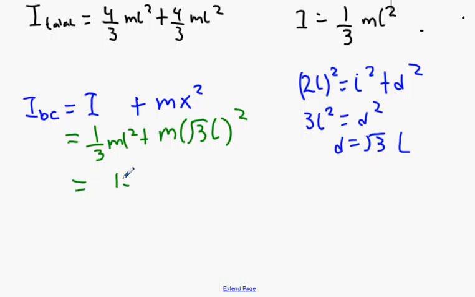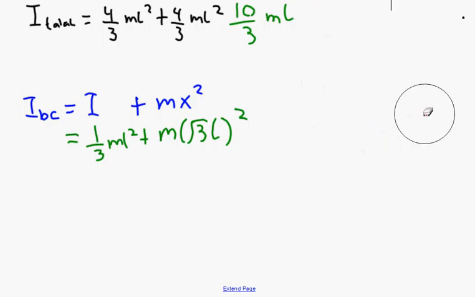I haven't got the solutions on me, so I'm just going to assume that I'm doing everything right. Now that 10 over 3 ML squared only represents the third rod, it doesn't represent anything else.